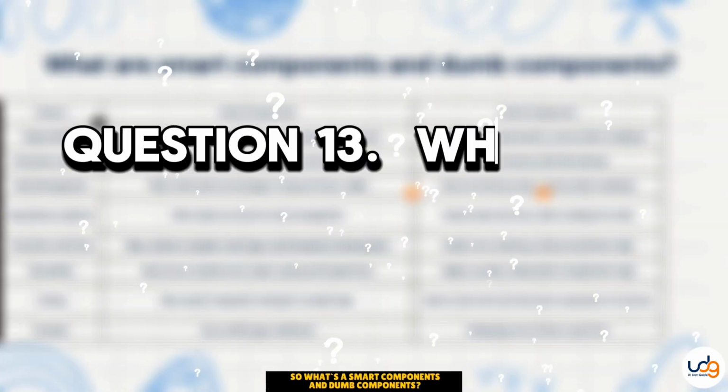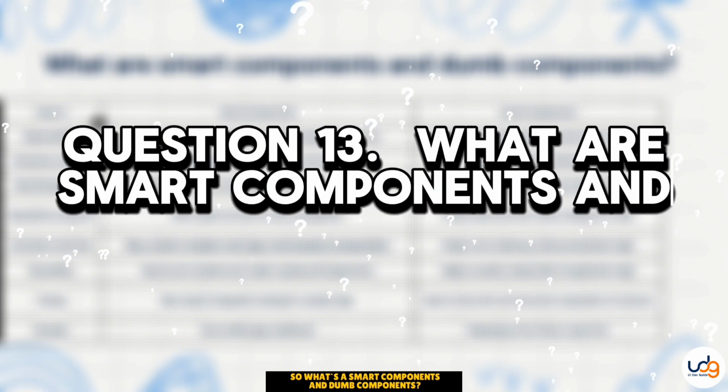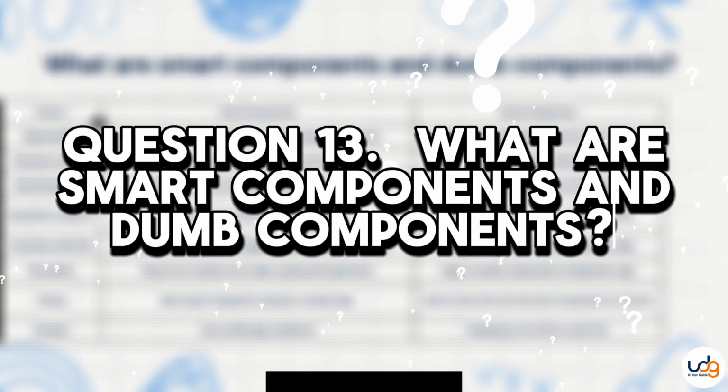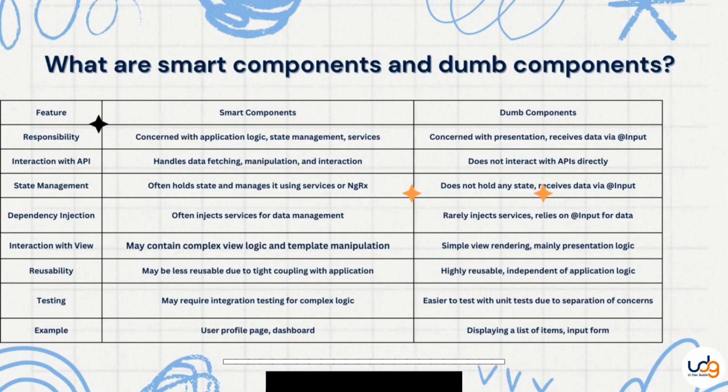So what are smart components and dumb components? Smart components are components where we have logic and implementation code.